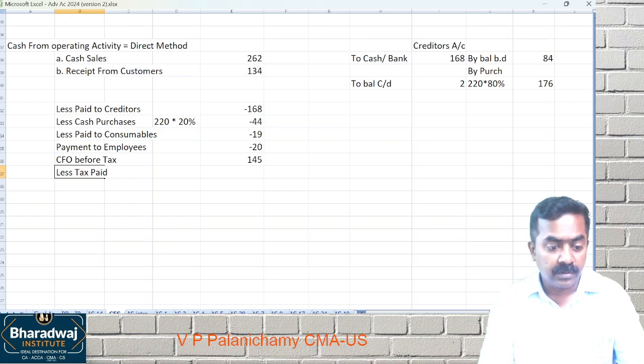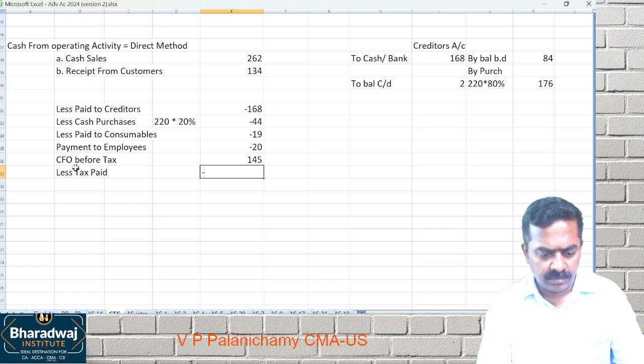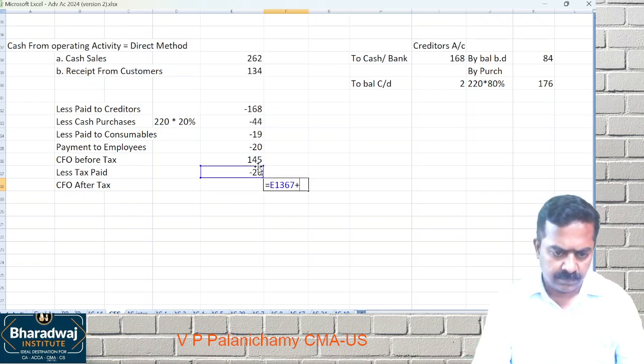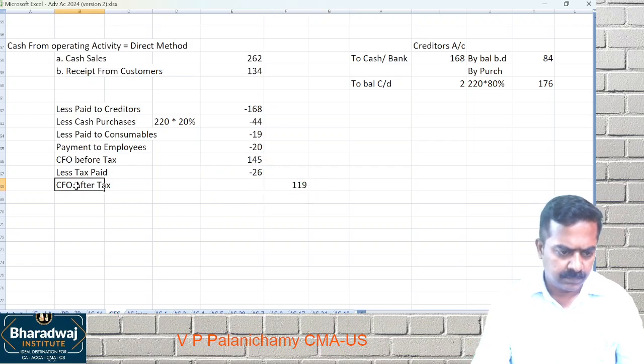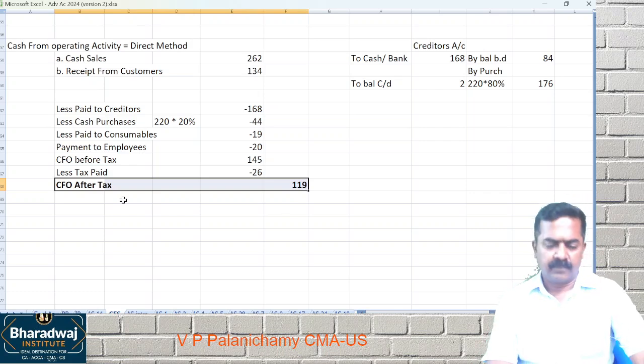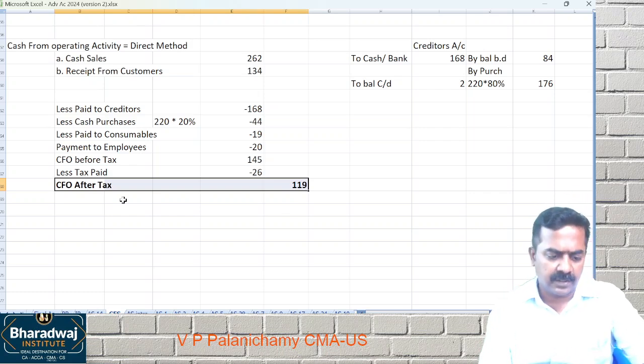Tax paid, how much? 26. So CFO after tax. What is CFO after tax? Then try to work out which activity next. Investment activity, work out.